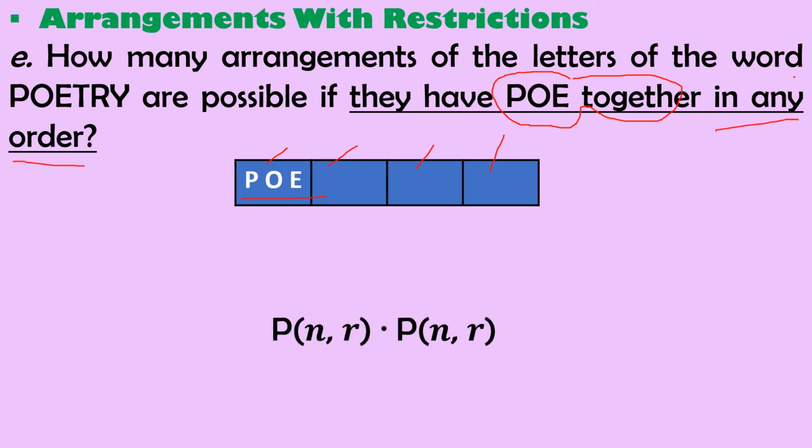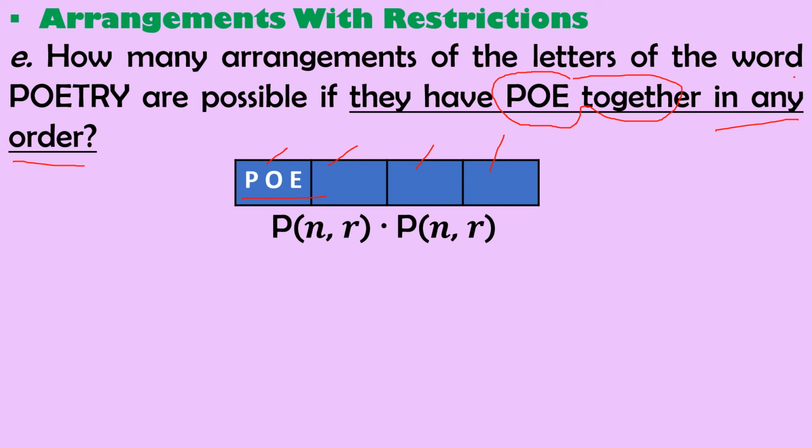So this time, the formula is permutation of n and r multiplied by the permutation of n and r. Substitution. First, the value of n and r is 3 because of the letters P, O, E, and the value of the next permutation is 4. As you can see in our illustration, we now have 4 rows. Simplify, this is 3 factorial times 4 factorial.